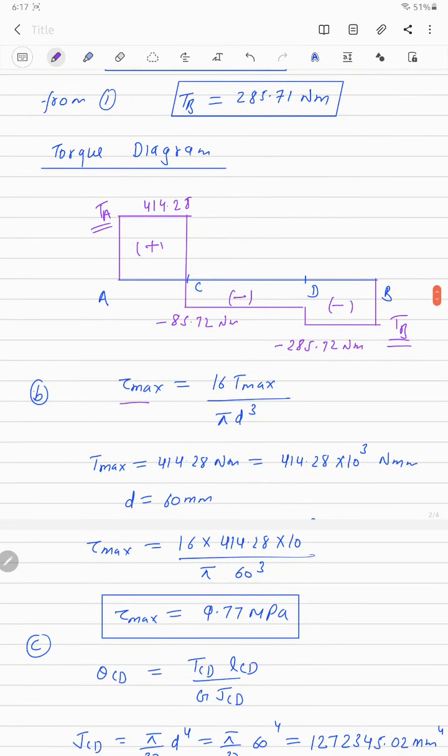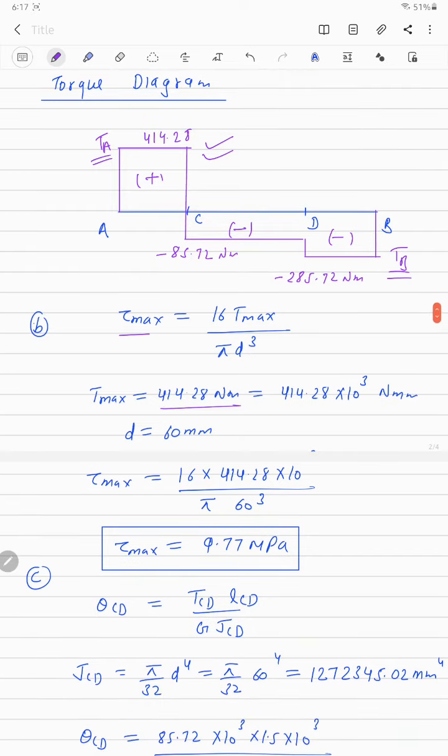Maximum shear stress will be in the section where torque is maximum, and from the diagram we can see torque is maximum for the AC part. So shear stress will also be maximum in AC. That will be 16 T max by pi d cube, and T max is this value.